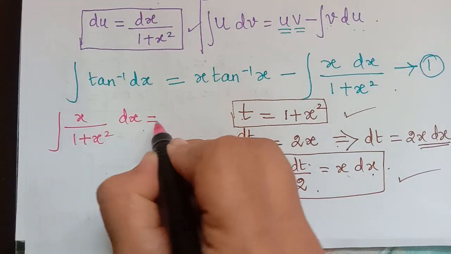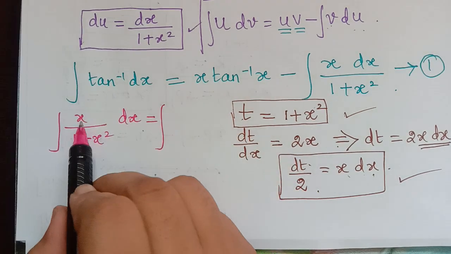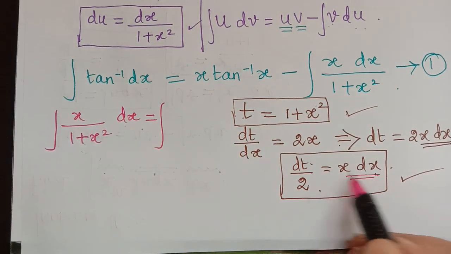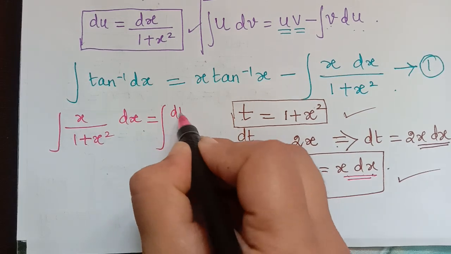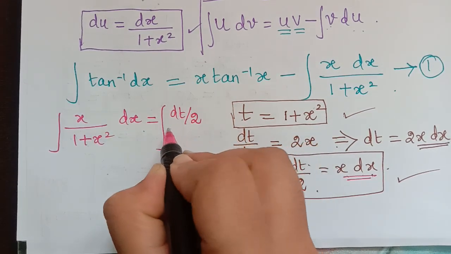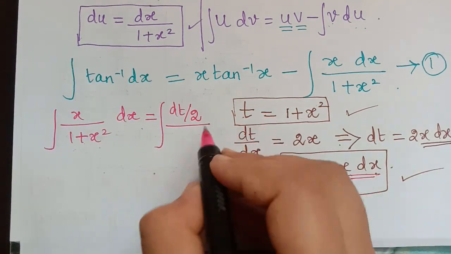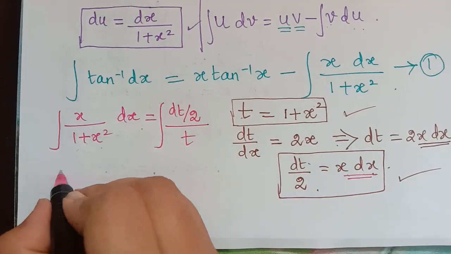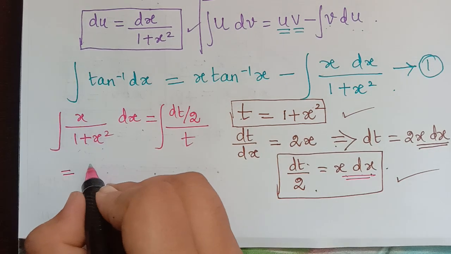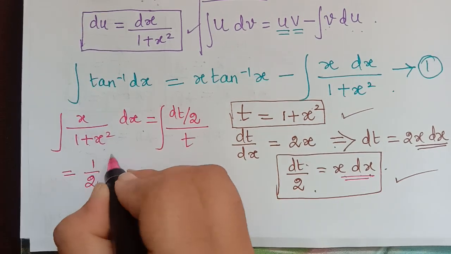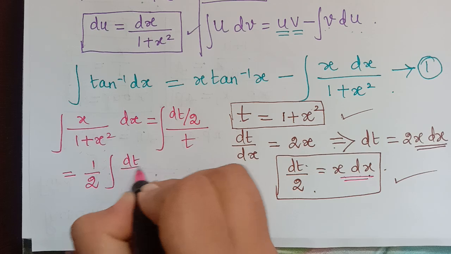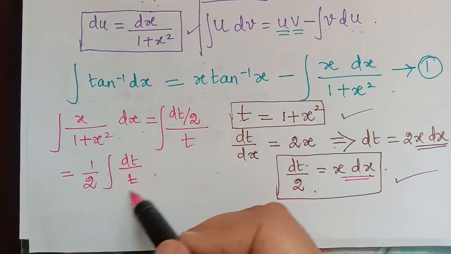So this integral will be equal to integral, where x dx can be written as dt by 2. So dt by 2 divided by 1 plus x squared, which can be written as t. Further, this is equal to 1 by 2 integral dt by t, taking the constant 1 by 2 out. But what is the integration of dt by t?